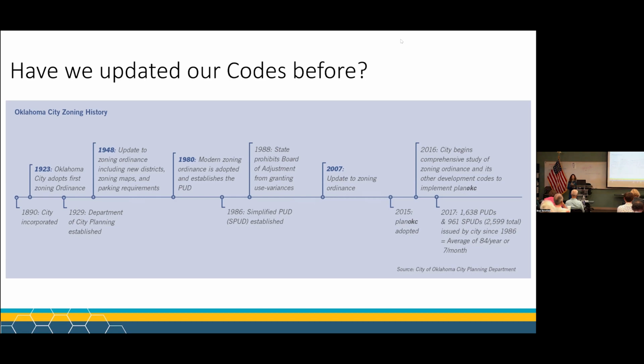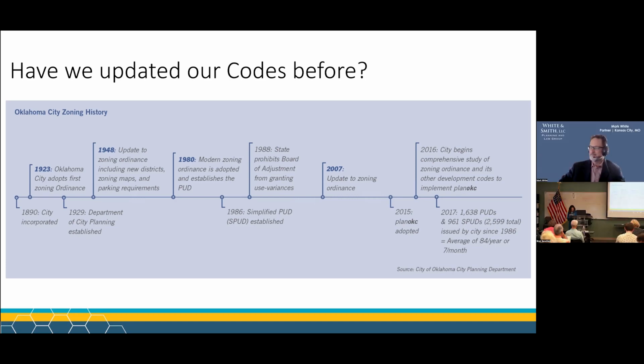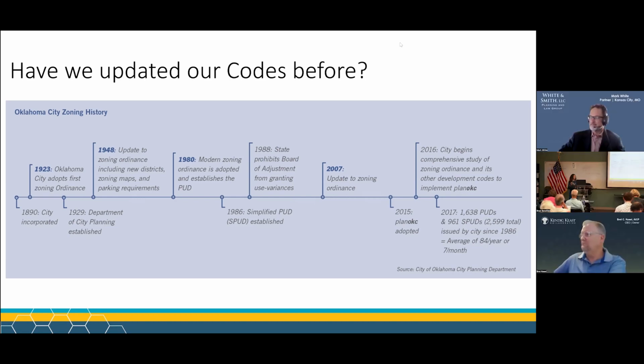I'll show you some ways that makes it funny now. And then in 2007, we updated the code again to incorporate some of the things about our special districts, like Plaza District and Paseo, things we wanted to preserve, and also to improve our landscaping rules. So that was the first time we really had comprehensive landscape rules.